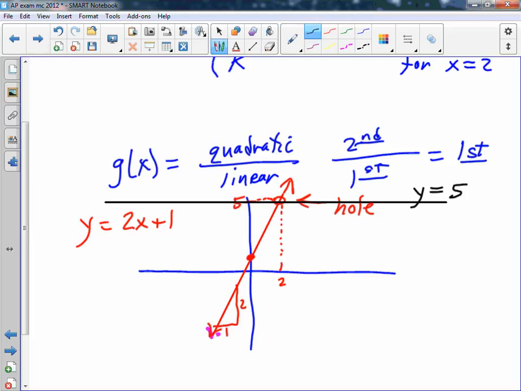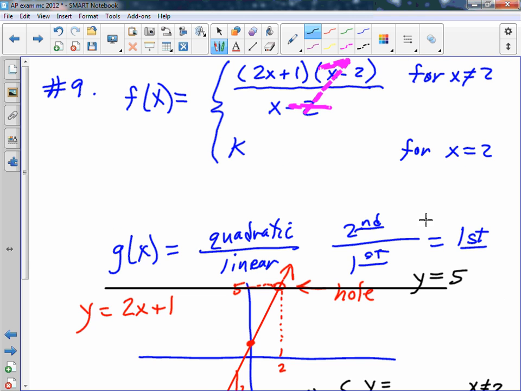And then when you put these two together, now we can say f of x equals the whole thing, whatever we had up there, except where x equals 2. And then we can say y equals 5 at x equals 2.